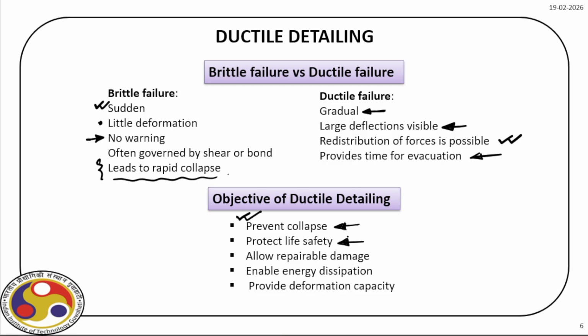Now, because we prevent collapse and through large deformation the structure is still there, we have the scope for repairing the damage. Okay, we can rehabilitate the structure and bring it back to its operation. We have better energy dissipation through this process, and of course, due to this reason only, we have provided the capacity to withstand large deformation.